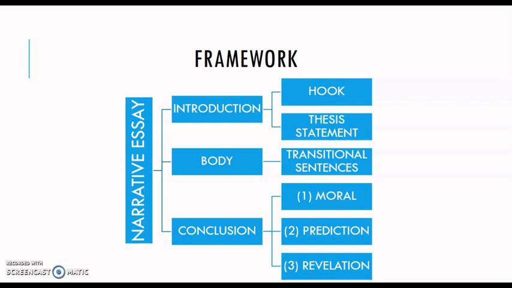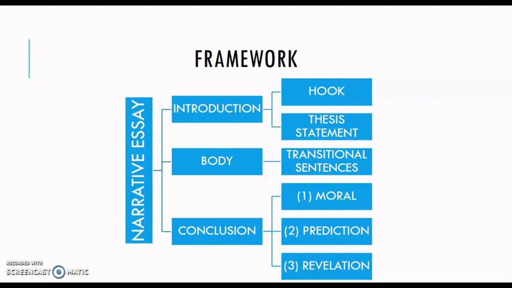Basically, the beginning of our story, without much detail about the specific elements they will find in the body paragraphs. Then, in the body, there should be transitional sentences, or sentences that help the ideas connect.